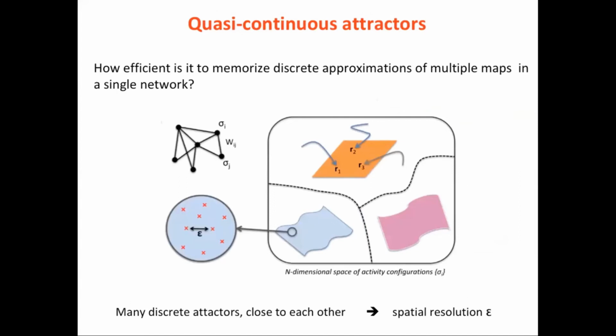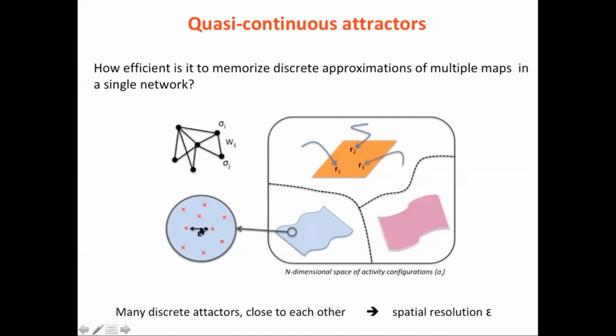And by discrete, I mean that if you look, for instance, at this very high dimensional space of the activity of a neural population network, I will look at one attractor here. I will memorize many positions, which correspond to this red cross, along this attractor. And the distance epsilon between any two contiguous, nearby positions will be very small, which means that the bump can lie here or somewhat very close here.